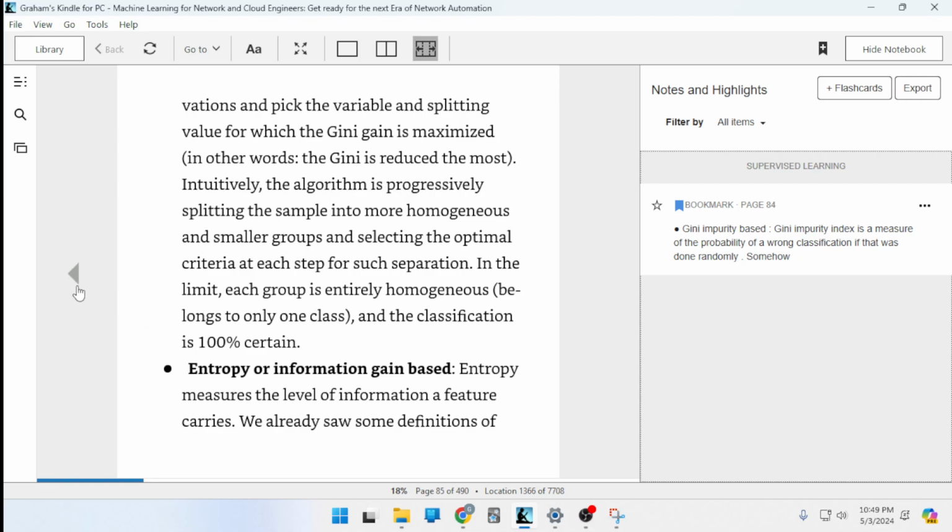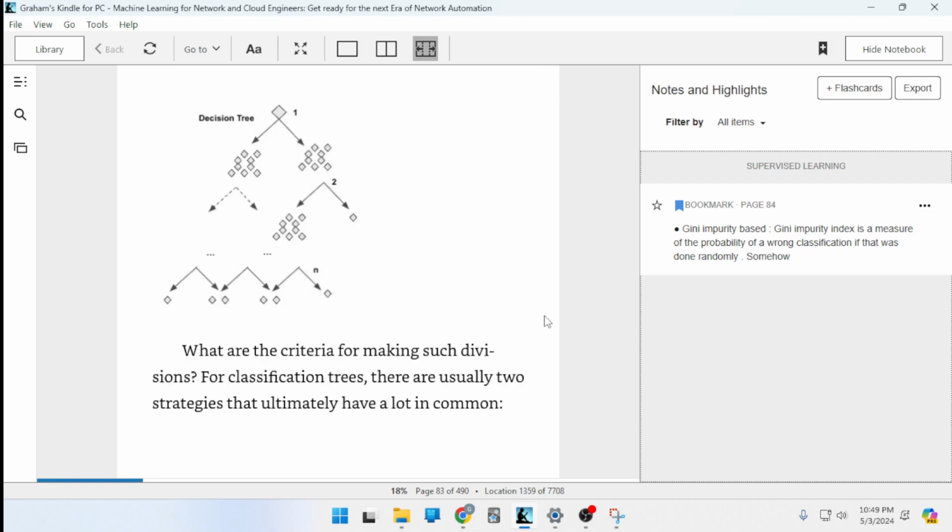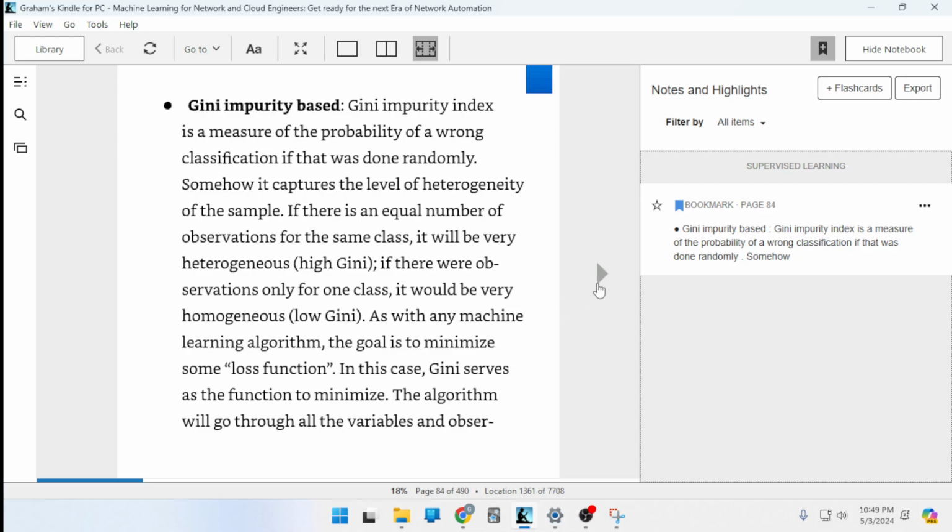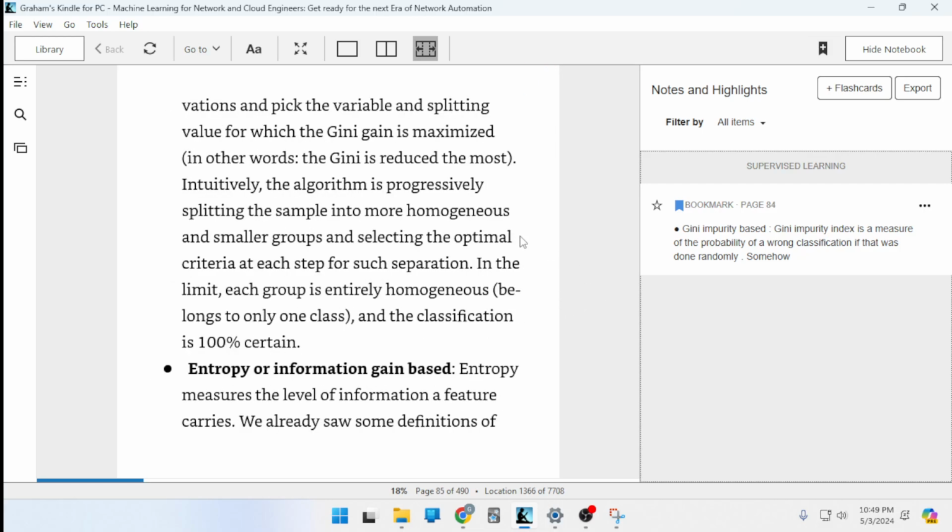Alright, so the next strategy for a classification tree is entropy or information gain based. Entropy measures the level of information a feature carries.